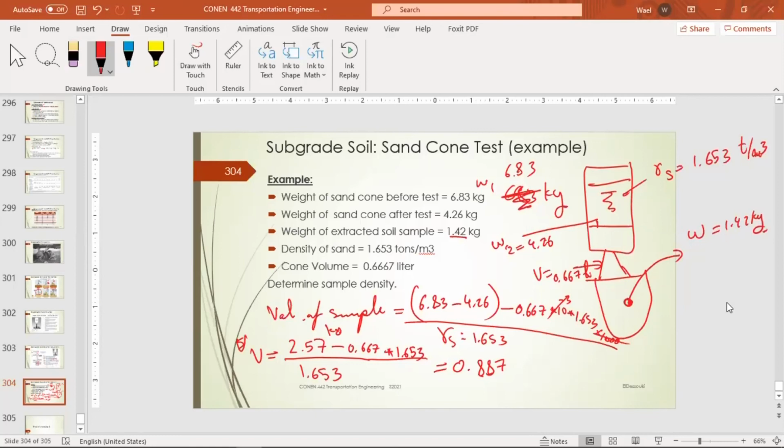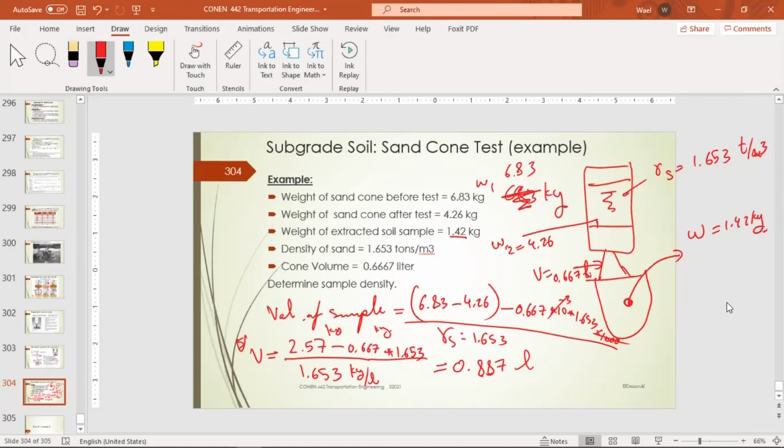Hold a second. These are kilograms, and this is ton, or we can say this is kilograms per liter, correct? So this is liter.